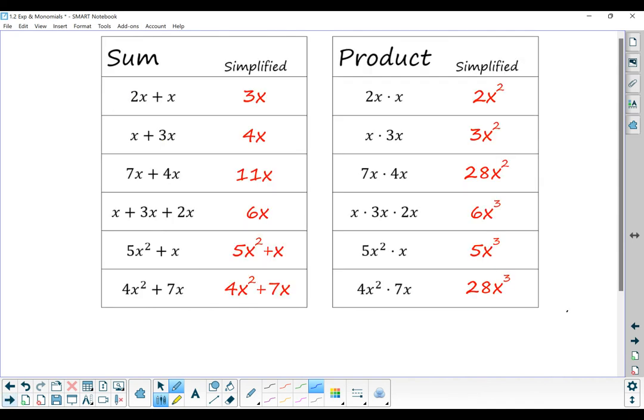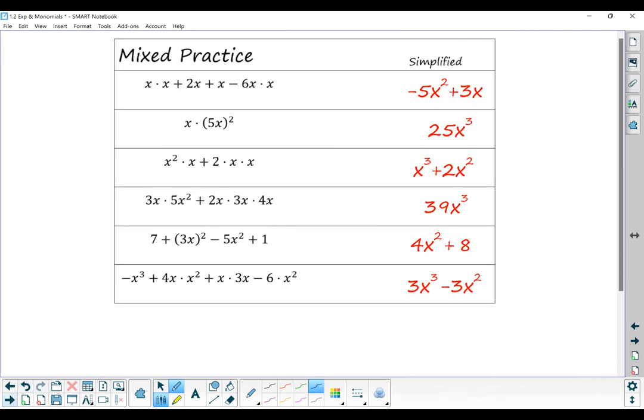If you have any questions on any of these, let me know. If you still need to look at those, go ahead and pause your video. I'm going to go to the next screen. And there's the last little set. These are very challenging. So if you find that you aren't understanding where one of these answers comes from, please let me know. I'd love to talk to you about it.